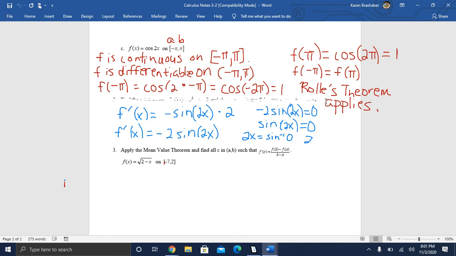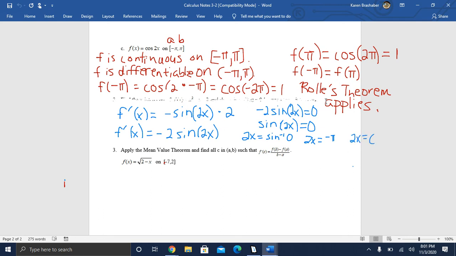So 2x could equal negative pi, 2x could equal 0, and 2x could equal positive pi. Actually, I have space over here that I didn't realize I had.